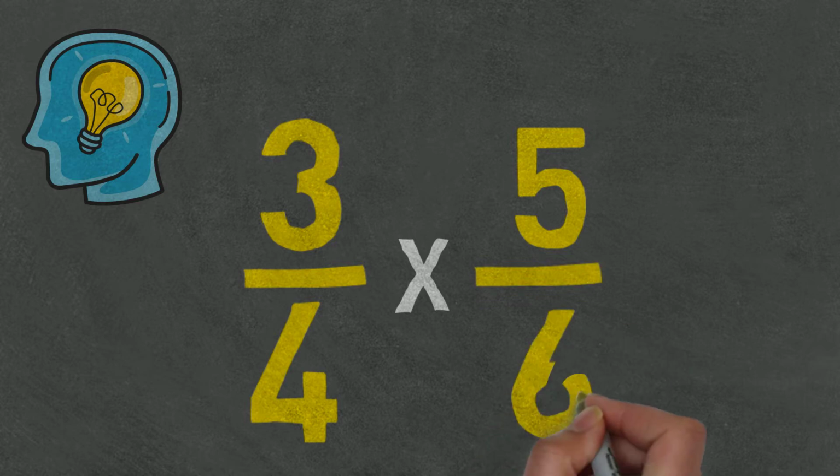Okay, as always, here's one for you guys to try at home to see if you've cracked it. What is 3/4 times 5/6? Give the video a pause and have a go if you're feeling up to it. Okay, now we can rewrite it like before if we want to, as one big fraction, but that's not really necessary.